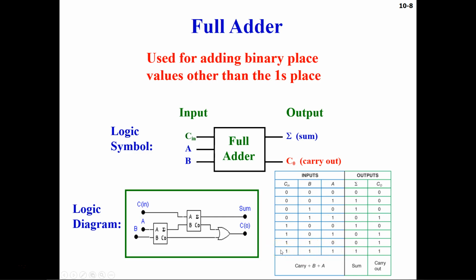Okay, so when you have 3 ones, then you will have a carry of 1 here, and a sum which is here 1. So this is a full adder, and if you want to verify the truth table, you can put all these values into this circuit and see what comes out.